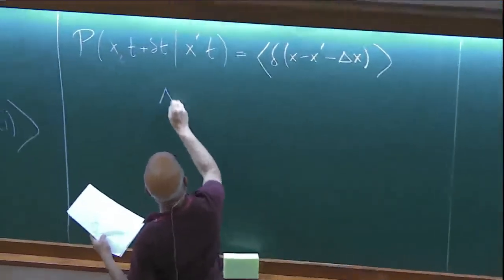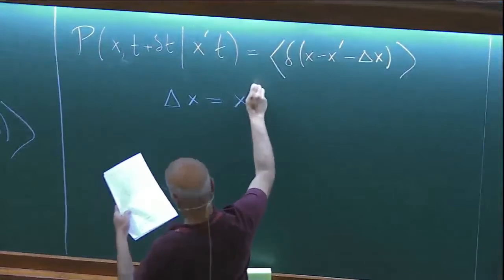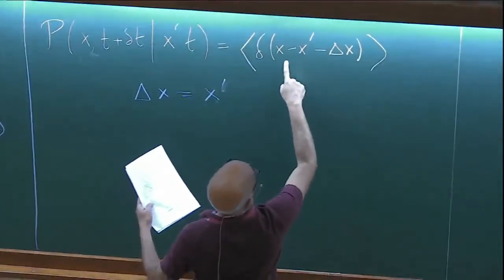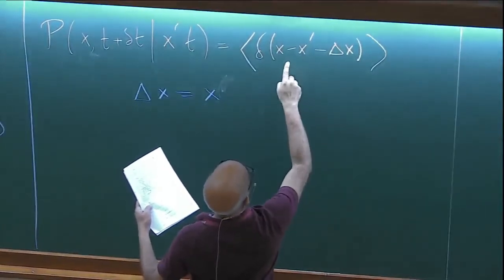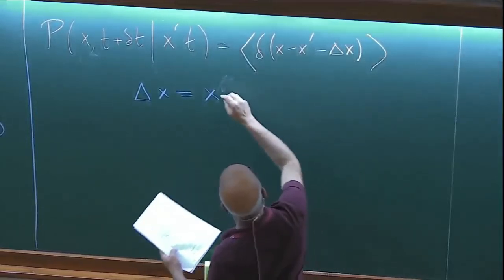Delta x is the probability that x minus x prime has a value delta x, right?